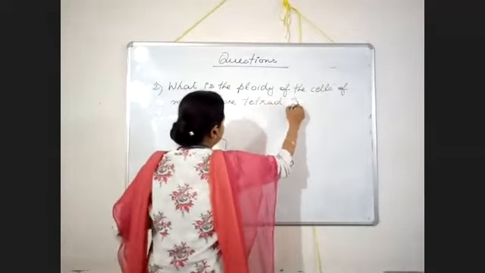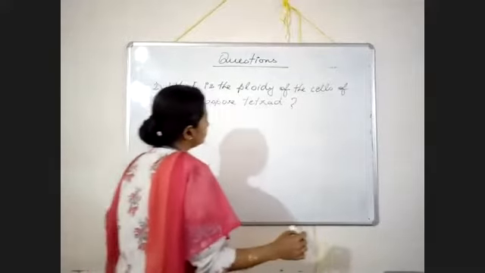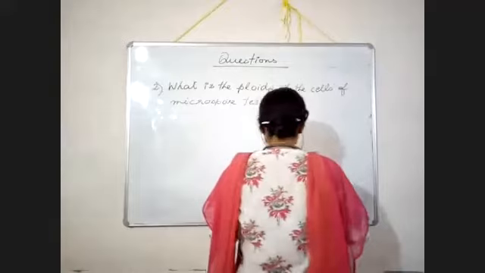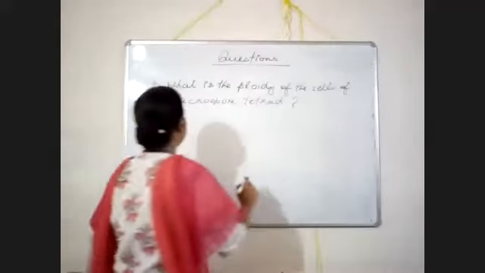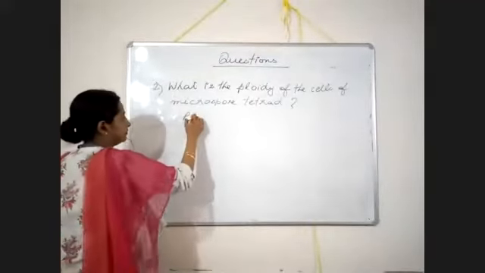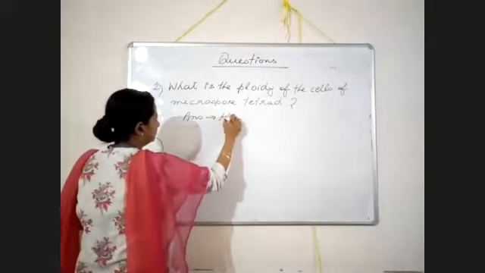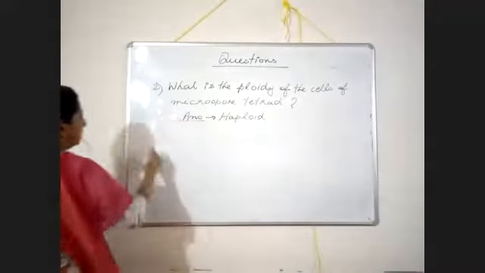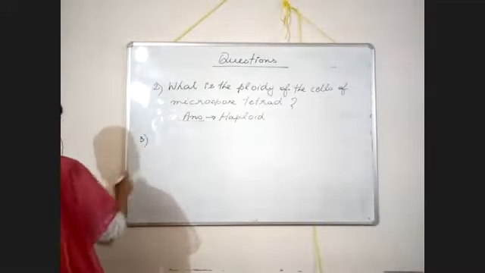We are talking about microspore tetrads, so what is the ploidy? The answer is always haploid. Answer is haploid. Let's go to the third question.